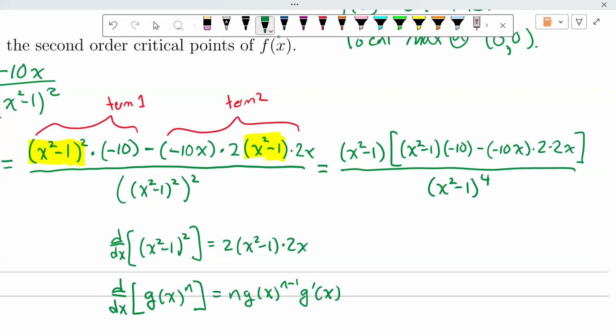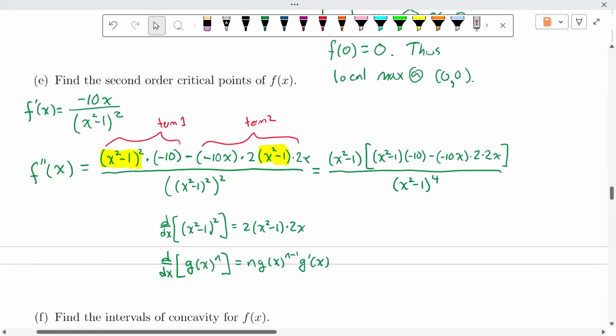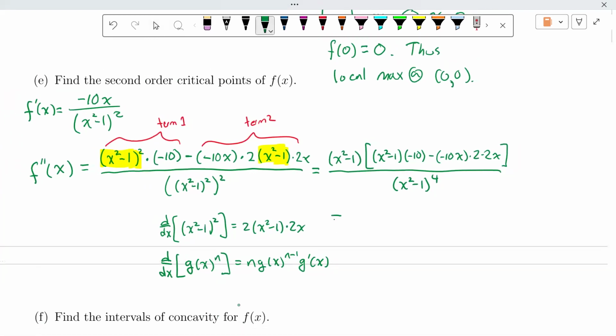To the fourth. And now we can do a little bit more canceling. What we can do at this point is, because we've factored this x squared minus 1 out of the numerator, I can cancel one copy of the x squared minus 1 here with an x squared minus 1 there. And when I do that, I'm going to get just that part in square brackets.